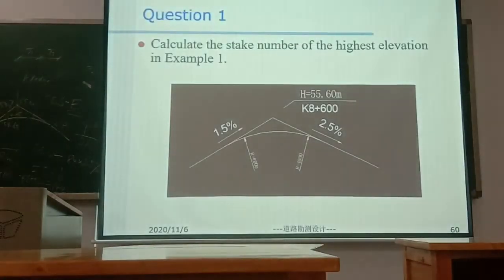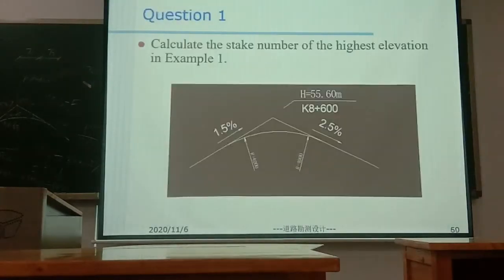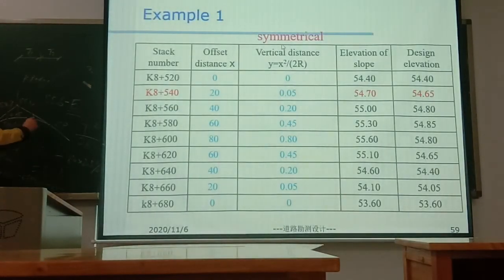And the slope. The slope valuation is this point. And x and the square of x divided by 2r is this.